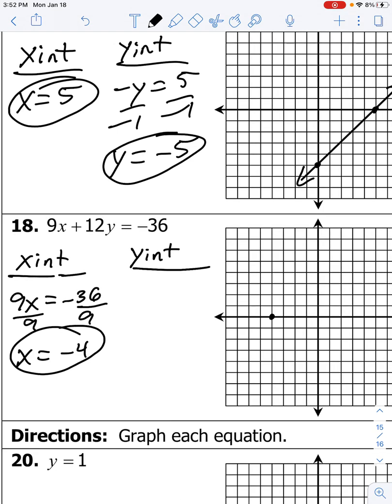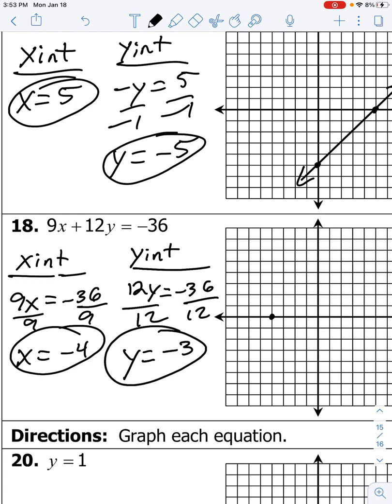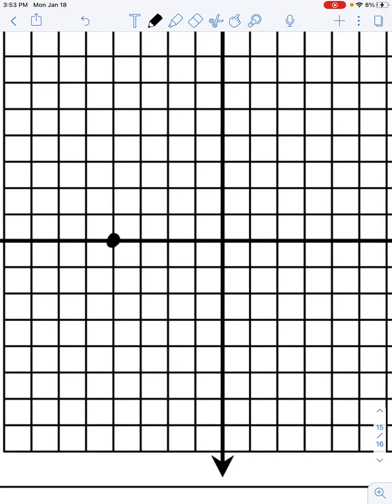To find the y-intercept, we're going to take the x out and solve. So here we would get -3. So we're going to plot -3 on the y-axis. And then draw our line.